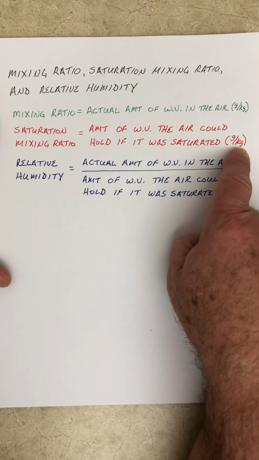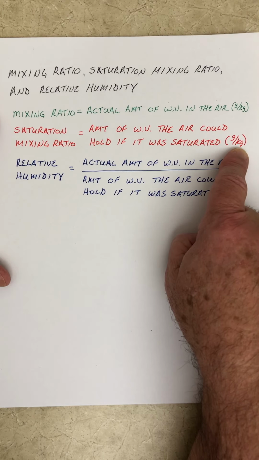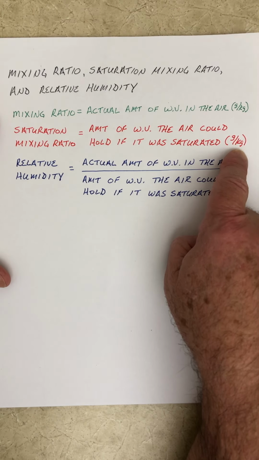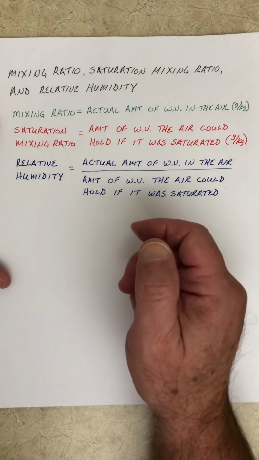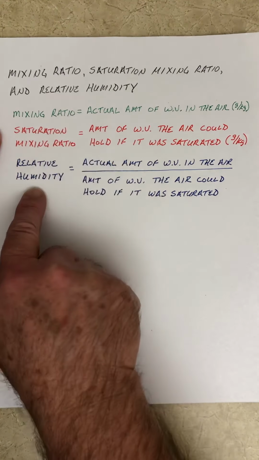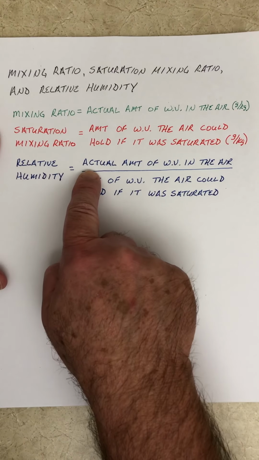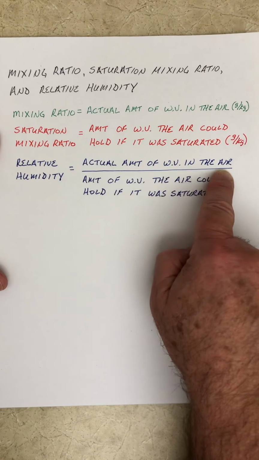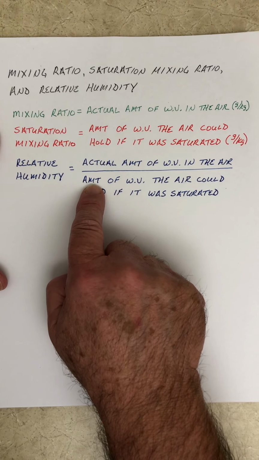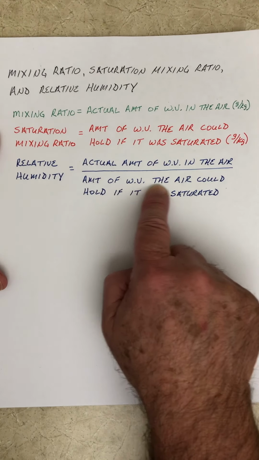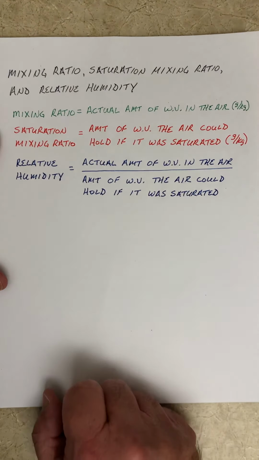That's also in units of grams of water vapor per kilogram of air. If we combine the two together and make a ratio out of it, we get the relative humidity. The relative humidity is the actual amount of water vapor in the air divided by, or a ratio of, the amount of water vapor the air could hold if the air is saturated.